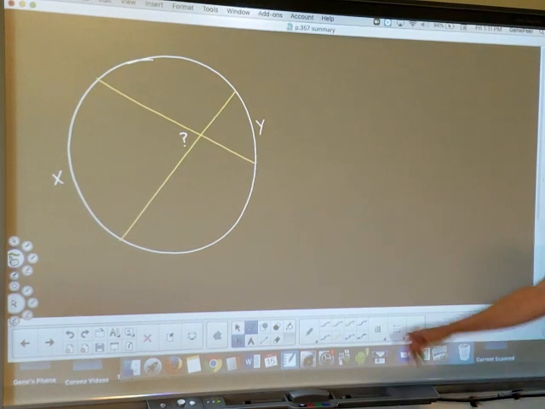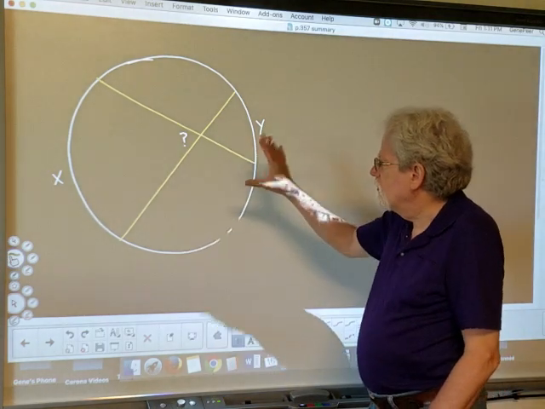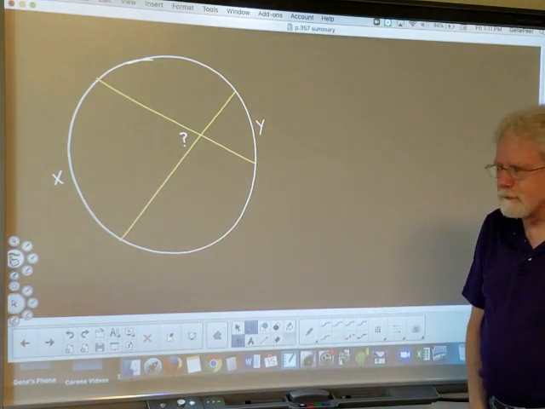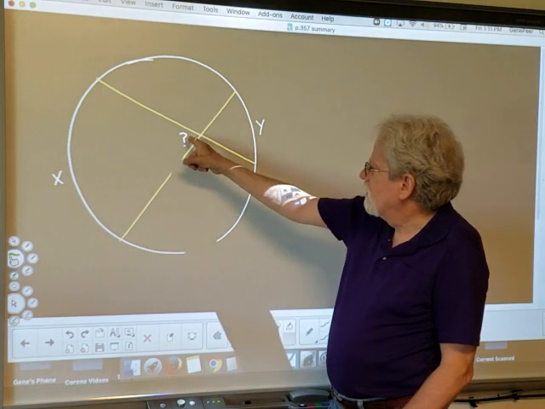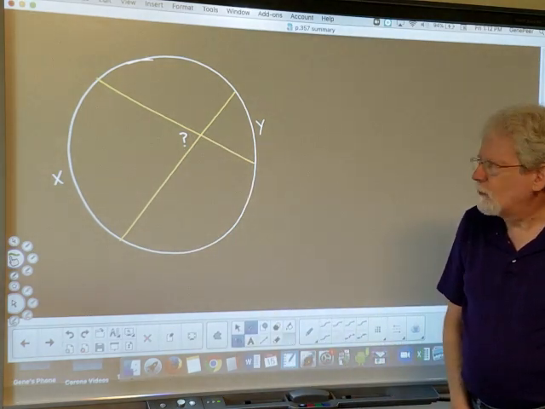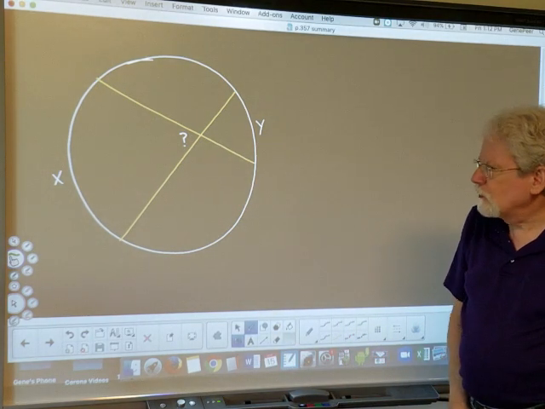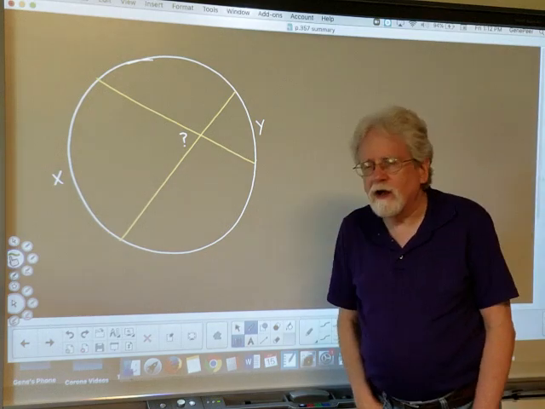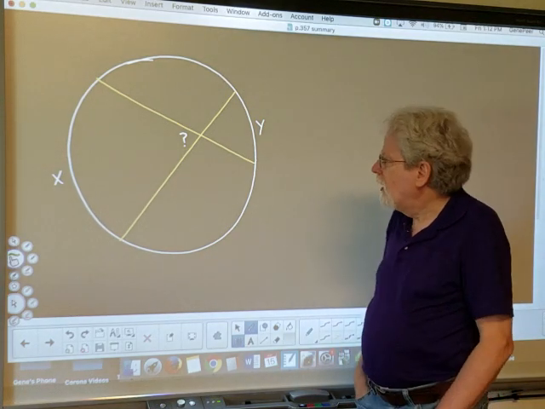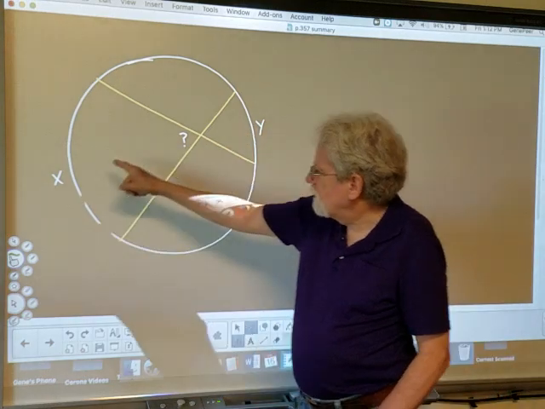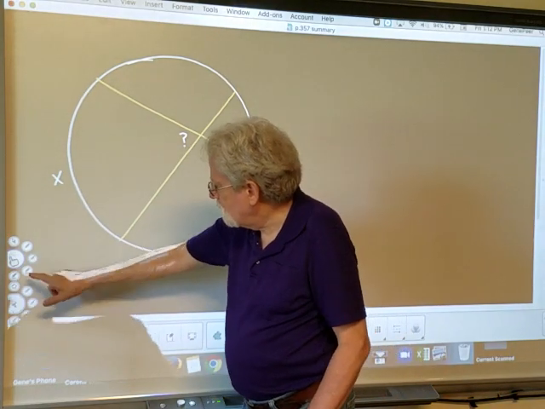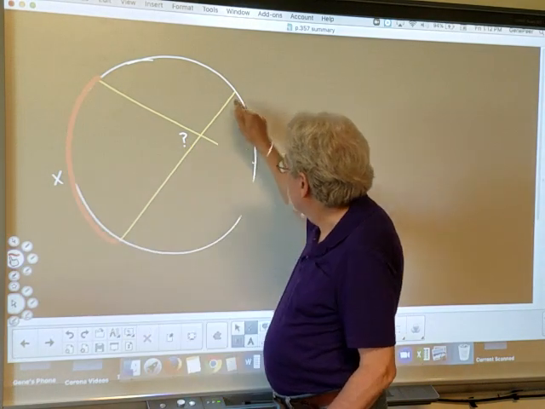If we have two chords, these yellow guys here, that intersect inside a circle, the measure of this angle, the one with the question mark, will be equal to 1/2 of the sum of the intercepted arcs. That would be x and y.